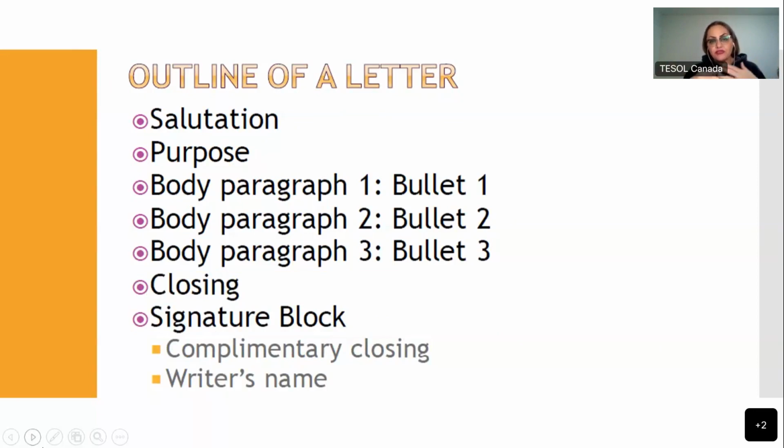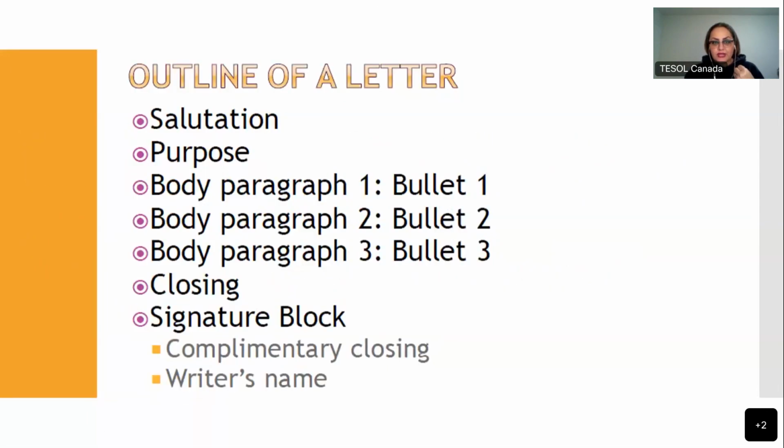In paragraph 3, in the questions there are some bullets to answer. So in paragraph 3, usually you write your suggestion or your request, and then you close it.